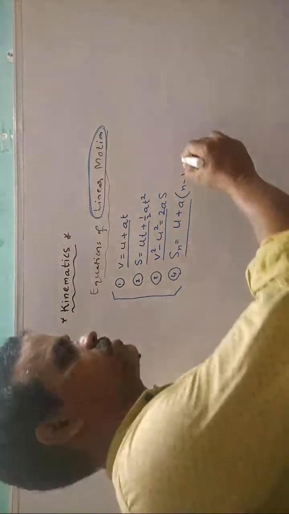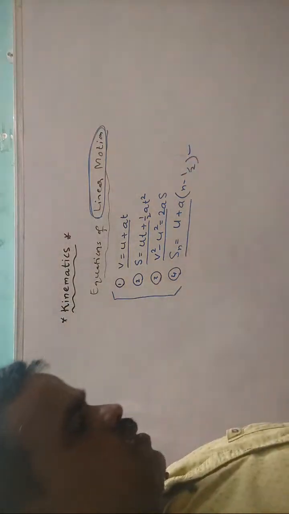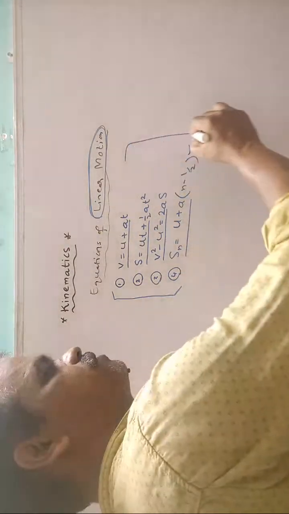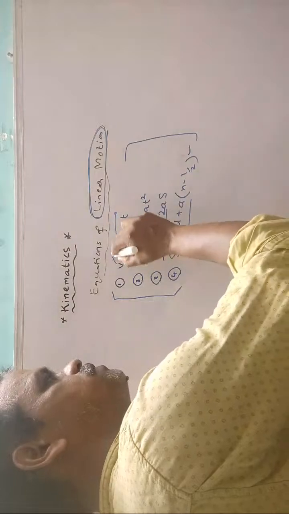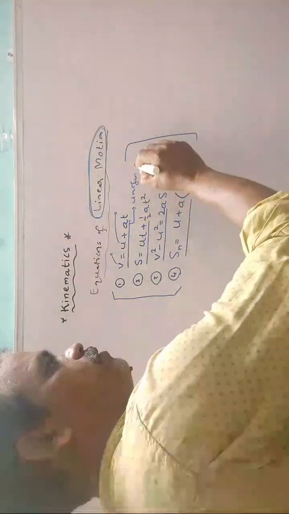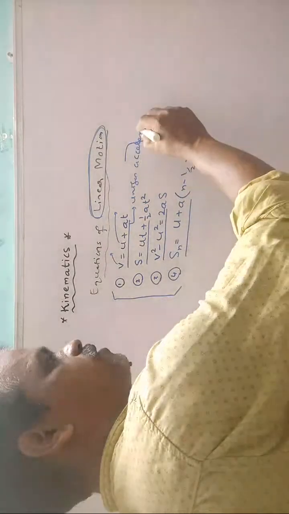So yesterday I discussed this question. In all four equations, u is initial velocity, v is final velocity, a is uniform acceleration, and t is time.